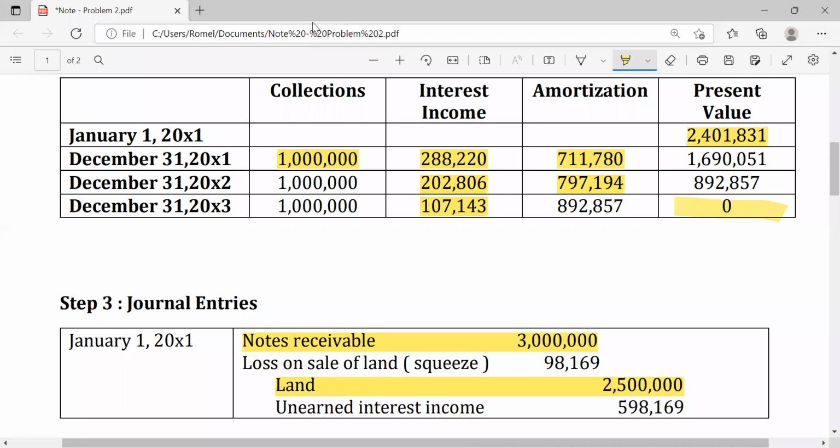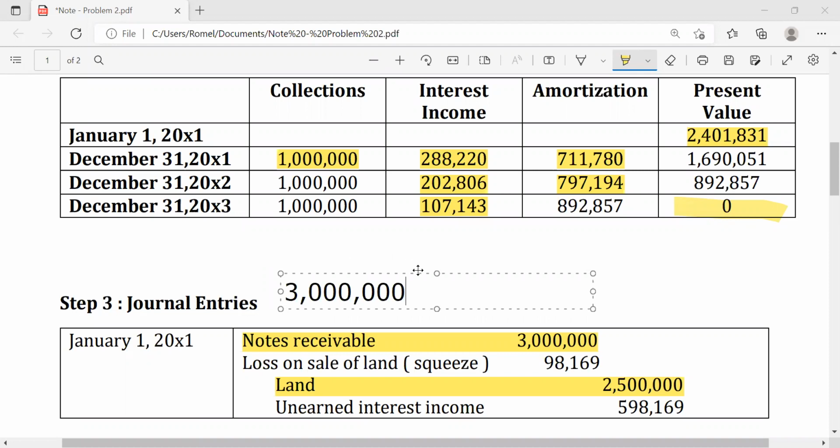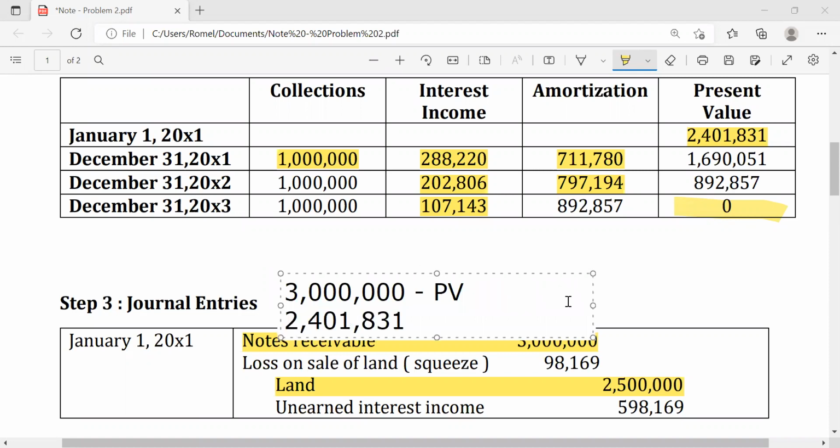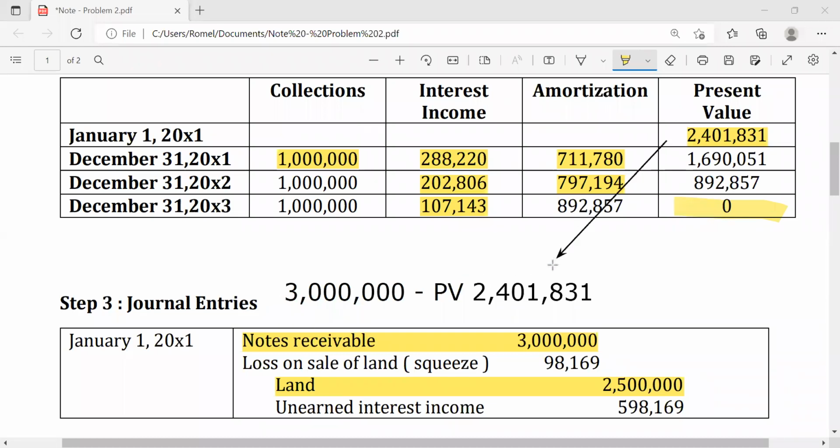So how did we compute for the unearned interest income in the journal entries? So it's the difference between the face amount, which is 3 million pesos, minus the present value of the note, which is 2,401,831, based on the amortization table. So kung magkano yung difference ng dalawa, that will be the unearned interest income, which is 598,169.